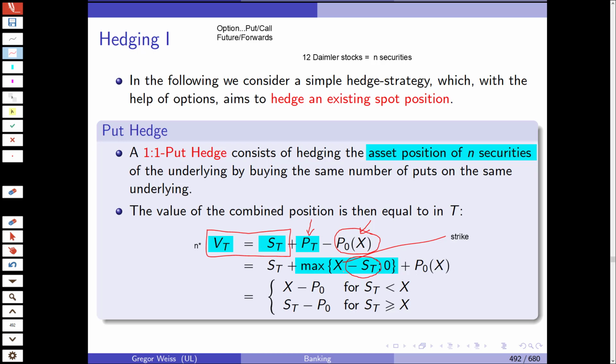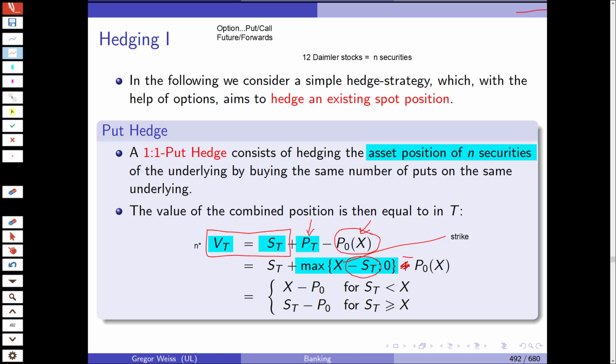So the payout profile of the put option is the maximum of X minus ST, or 0, and then actually this is a typo, it has to be negative, right? We have to pay P0.